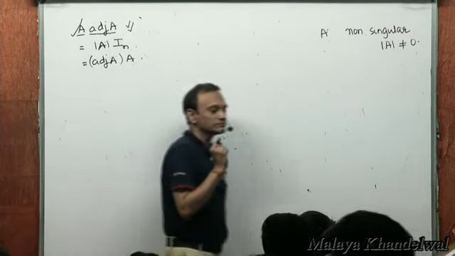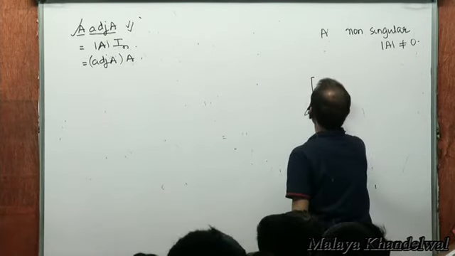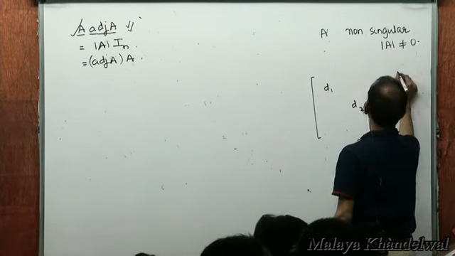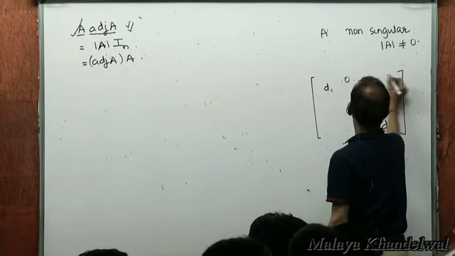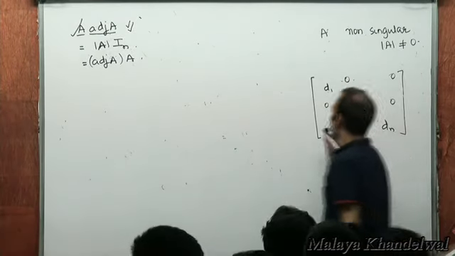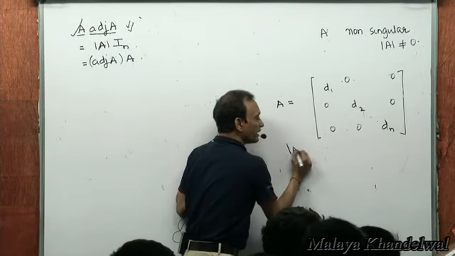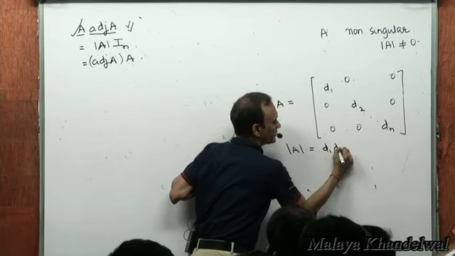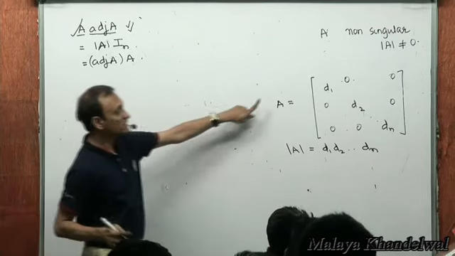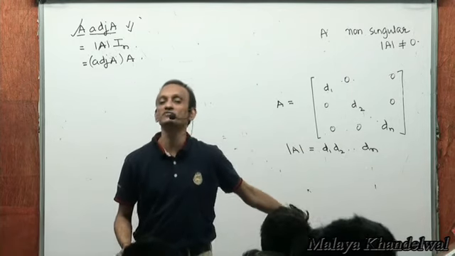If I have a diagonal matrix of order n, say A, all other elements are zeros. Then the determinant of A will simply be d1, d2, dn. If A is a diagonal matrix, then the determinant of that matrix would be the product of the members of the diagonal.